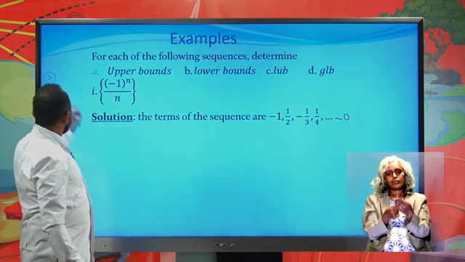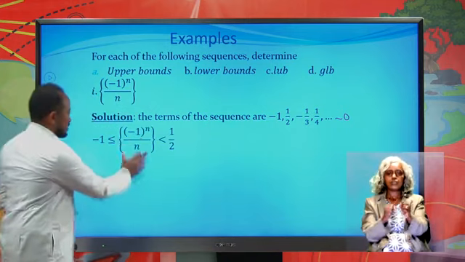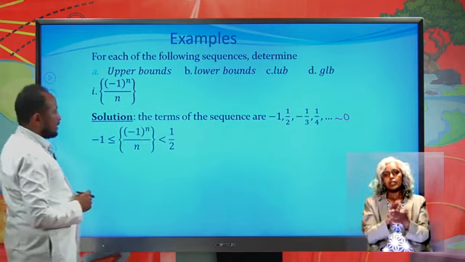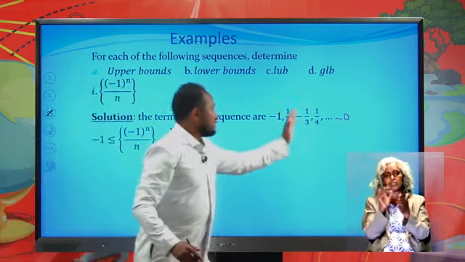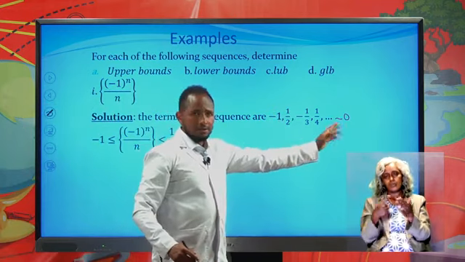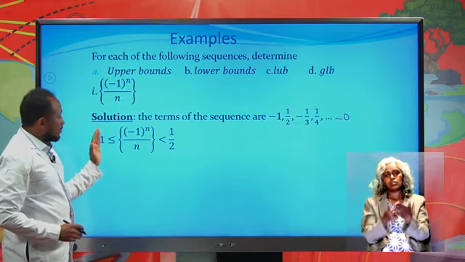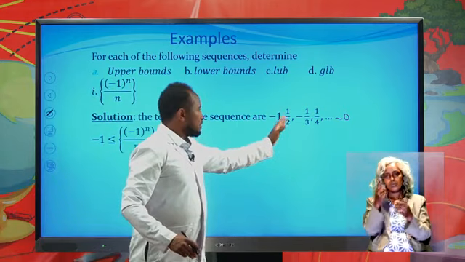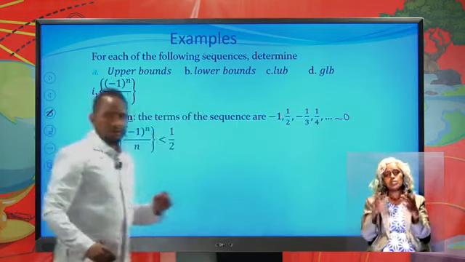So when you see the elements of this sequence, it is found between negative 1 and 1/2. The smallest number from this set is negative 1, and the biggest number is 1/2. After 1/2 it goes on and decreases, so the greatest number is 1/2 here.